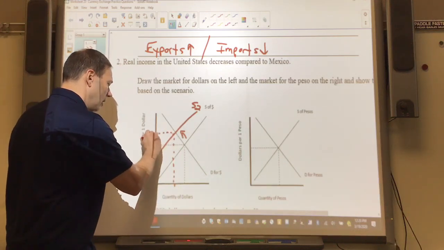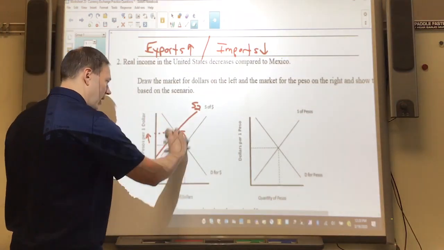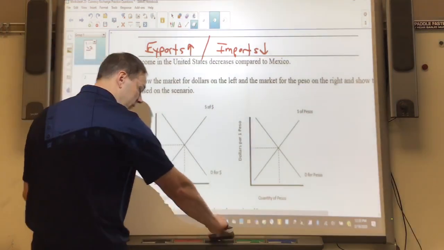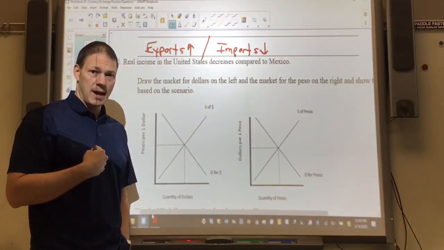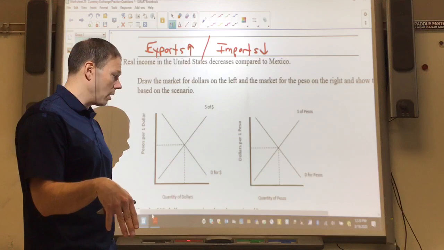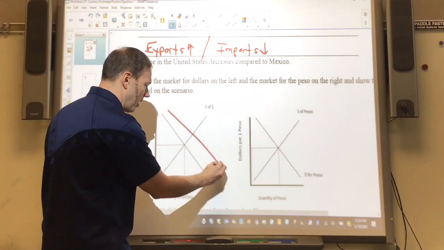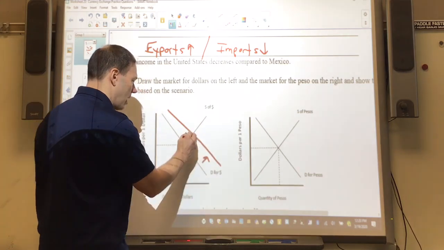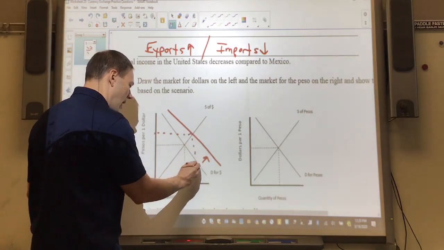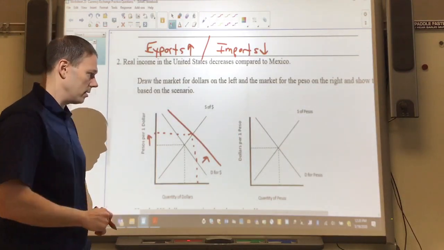And as you can see, it's now going to take more pesos to get a dollar. Or you could also look at it from the perspective and say, okay, comparatively, our income has gone down. That means comparatively, their income has gone up. They are going to be buying more American goods. And if they're buying more American goods, it increases the demand for the dollar because you need more dollars to buy our goods. And either way, again, it takes more pesos to get a dollar. That's the key ingredient right there.